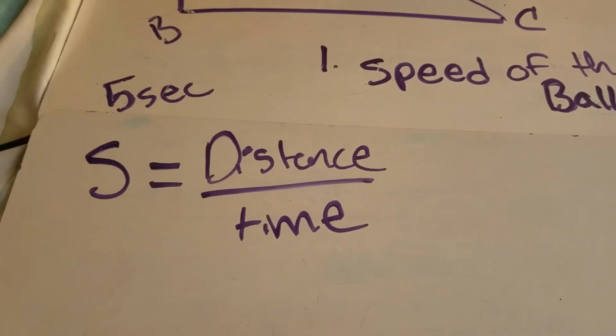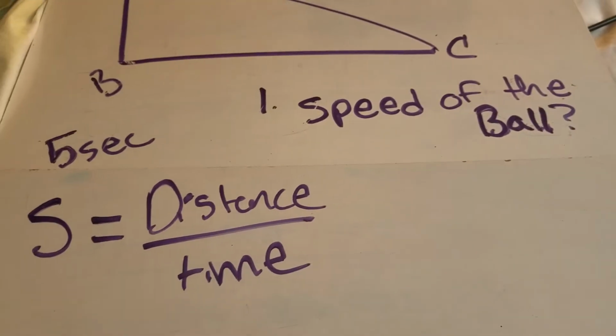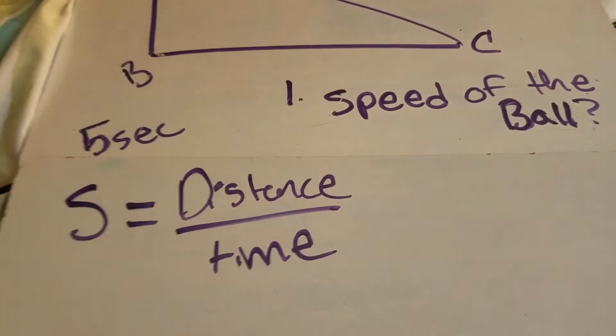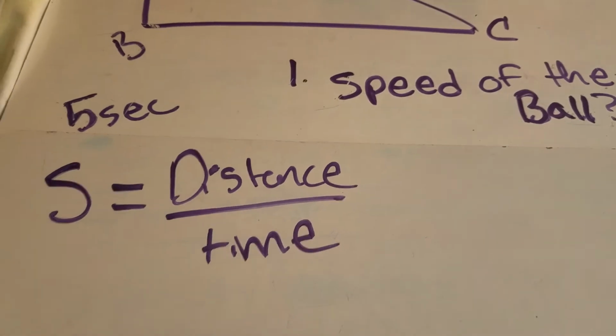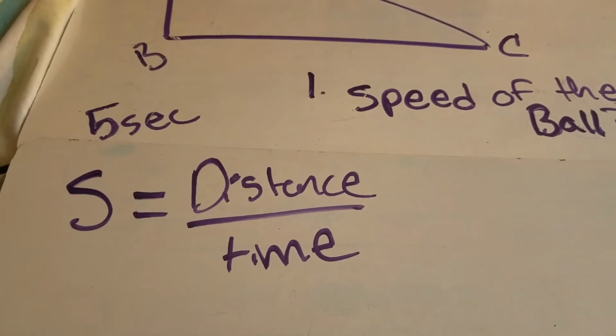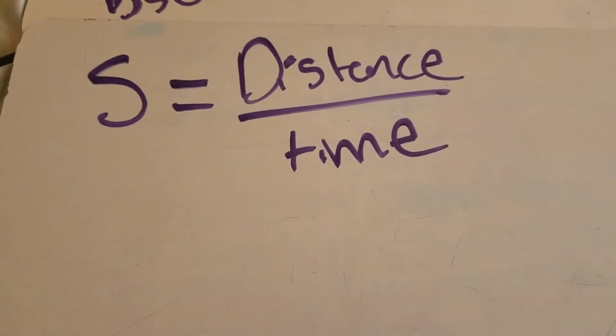Basically, the only difference between speed and velocity, or at least the biggest difference, is that speed does not have a direction. Velocity, as we know, is always going to have a direction because it uses a displacement. And displacement typically has a direction. Our speed does not have a direction. Our speed uses our distance.